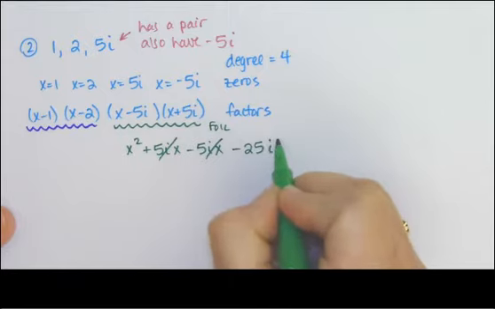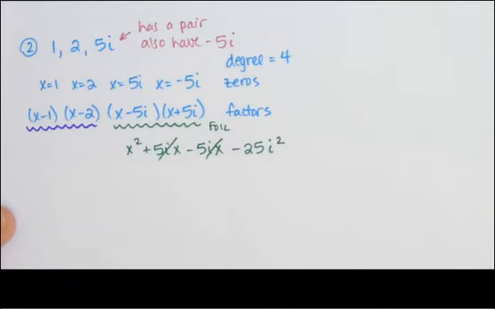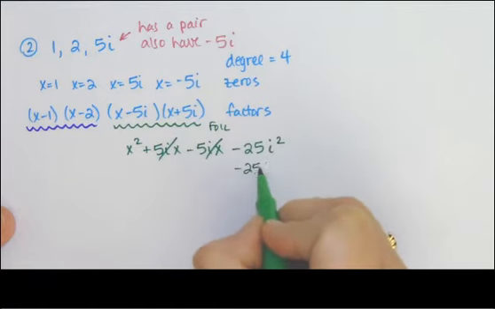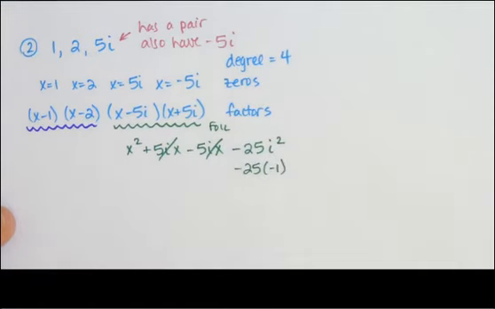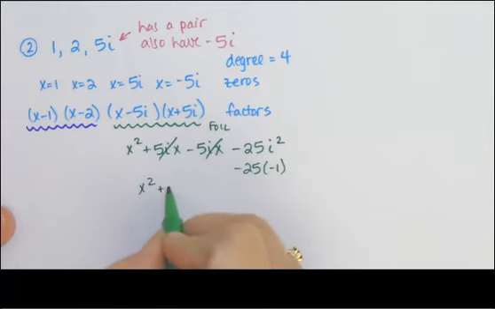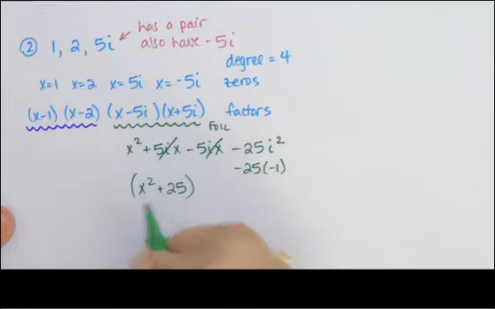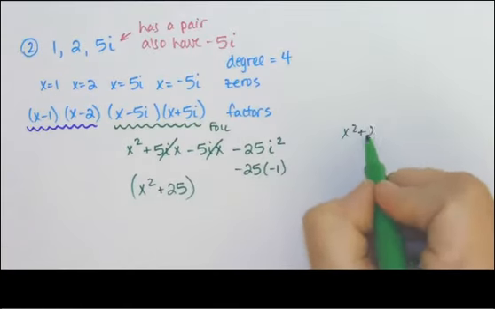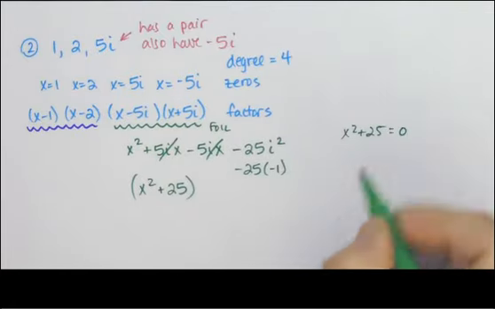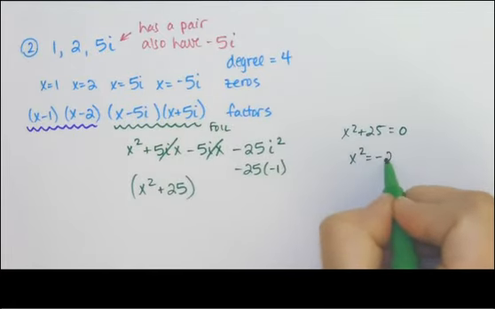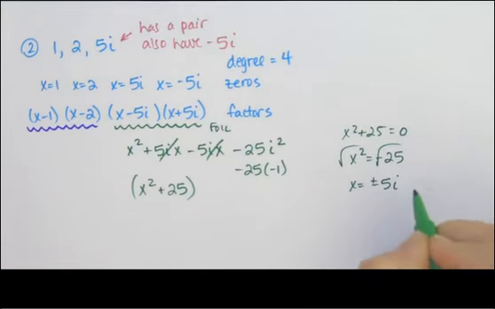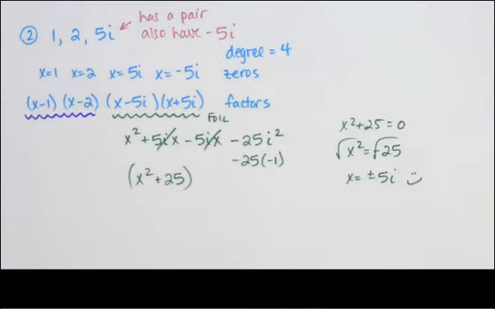I times I is i squared, and remember, i squared is really just negative 1, so that's really negative 25 times negative 1. So this factor is x squared plus 25. Think about that out to the side: if you were going to do x squared plus 25 equals 0, and you subtract 25 from both sides and square root, you get x equals plus or minus 5i. So you see where that came from.